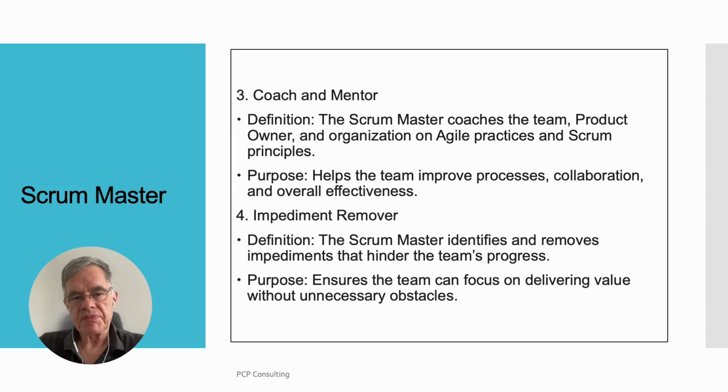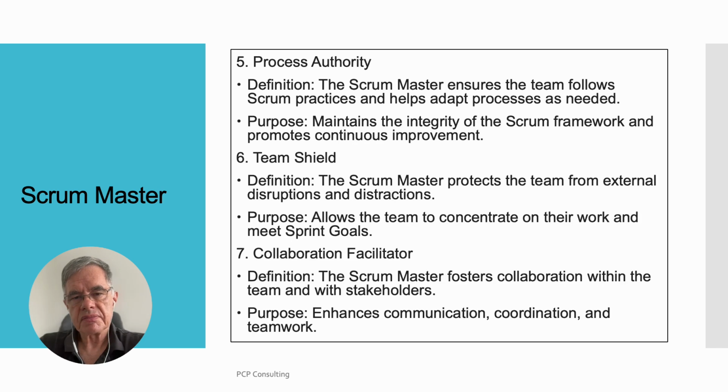Coach and mentor. The Scrum Master coaches the team, product owner, and organization on Agile practices and Scrum principles. Helps the team improve processes, collaboration, and overall effectiveness. Impediment remover. The Scrum Master identifies and removes impediments that hinder the team's progress. Ensures the team can focus on delivering value without unnecessary obstacles.